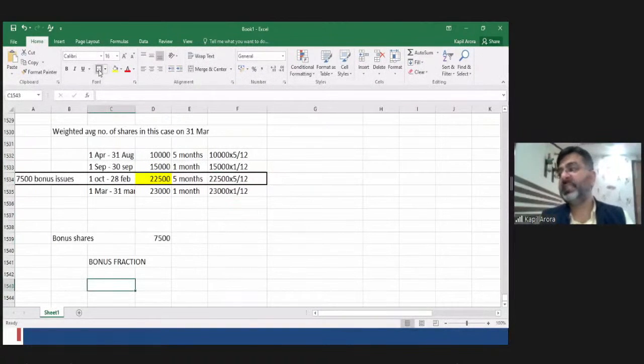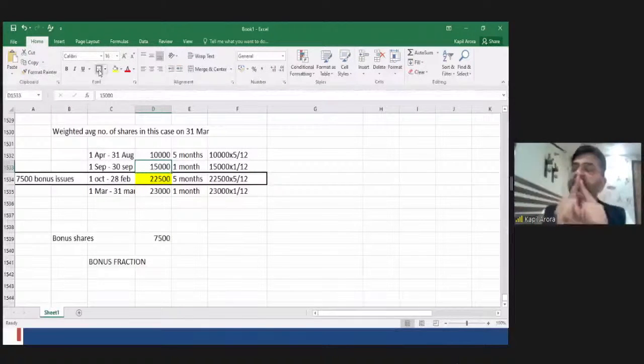How do you say there are 7,500 bonus shares? Up to this date, we were having 15,000 shares, and for every 2 shares, I am giving 1 share.